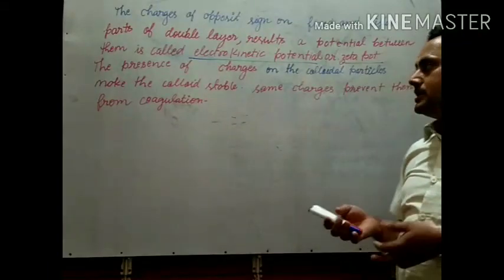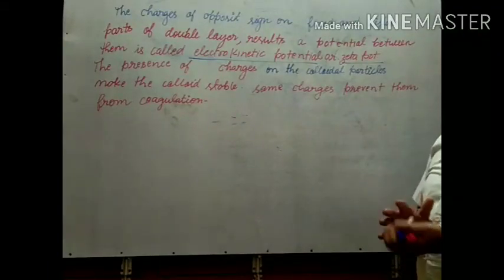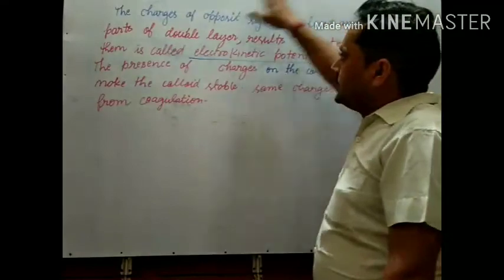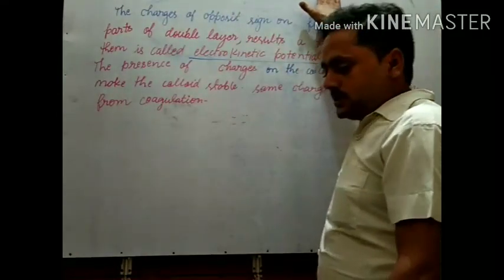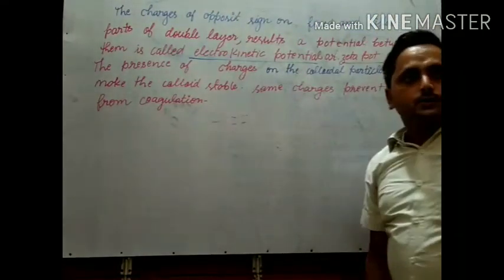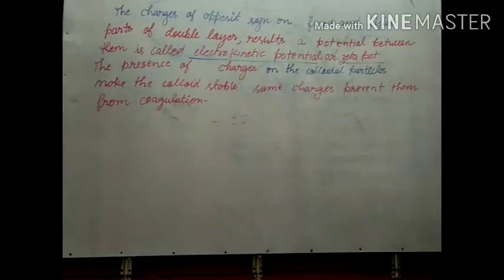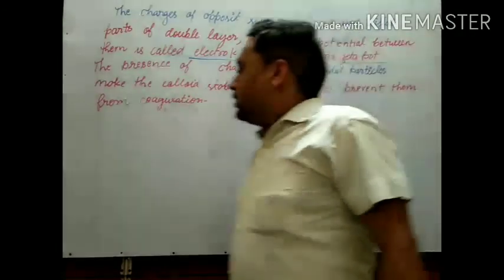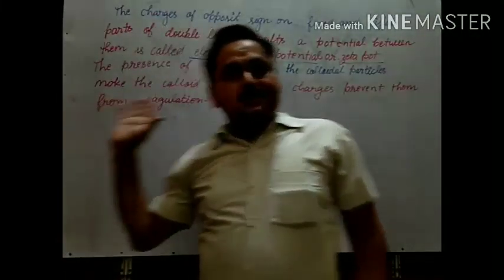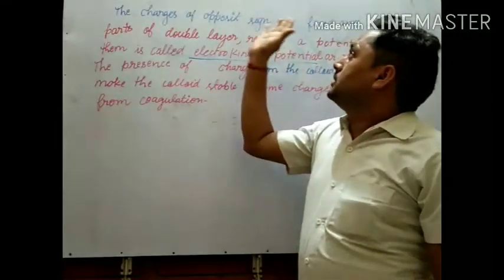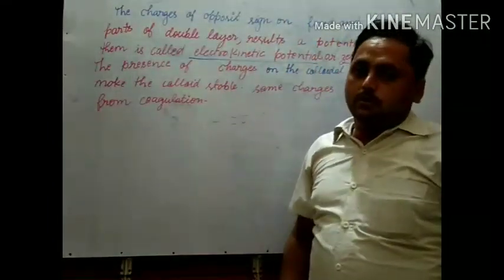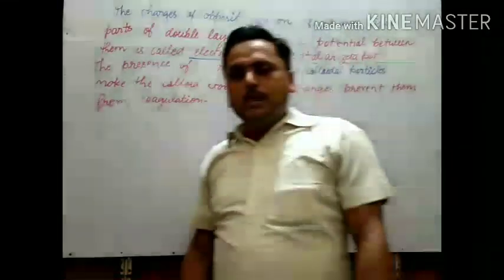So please focus on this, and it is a long question: charge on colloidal particles. Many times it is asked in board examinations also, so all of you prepare it well. Watch it twice, thrice, you may understand this.